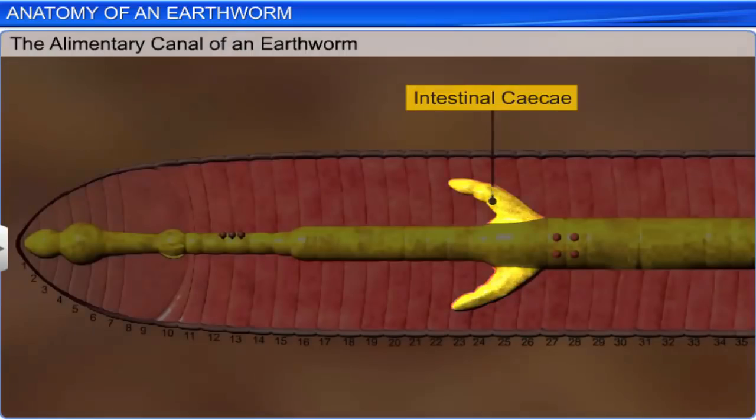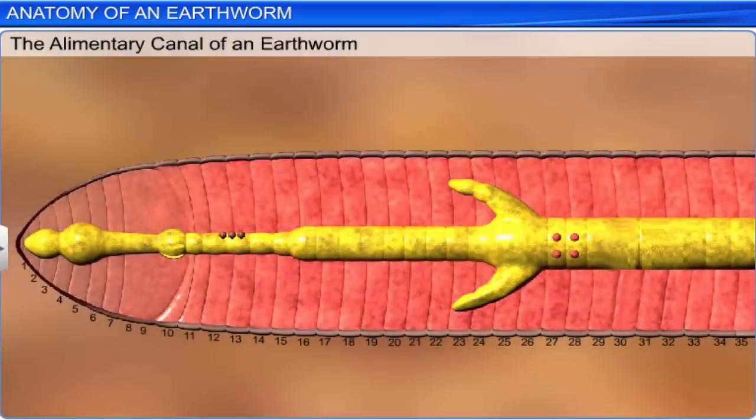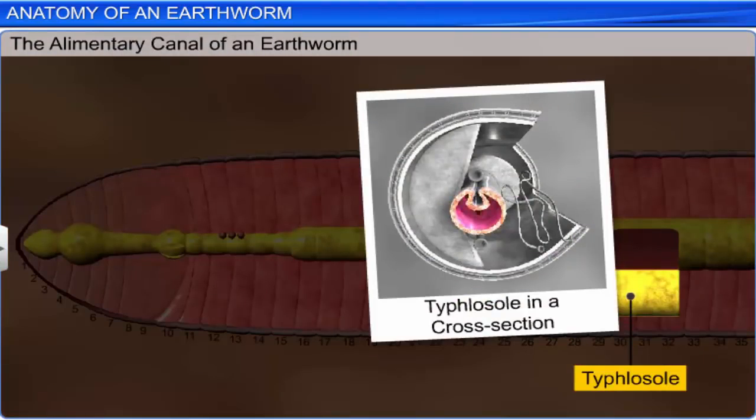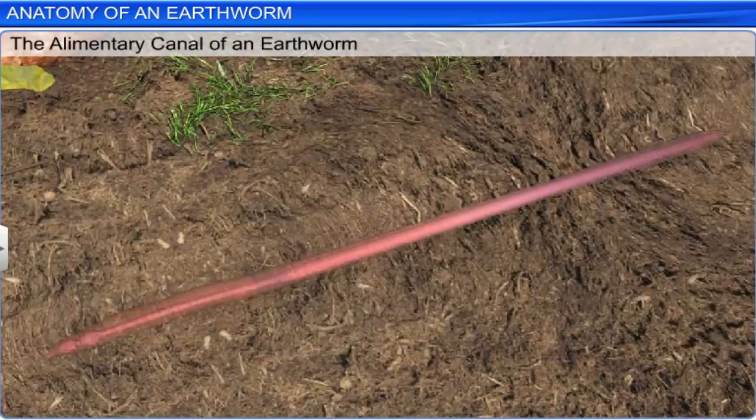The intestine shows internal folds called typhlosole between the 26th and the 35th segments, which also increases the surface area for better absorption of digested nutrients. Finally, in the last segment, the alimentary canal opens to the exterior through a small aperture called the anus.